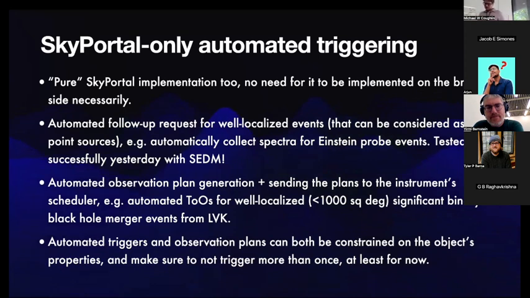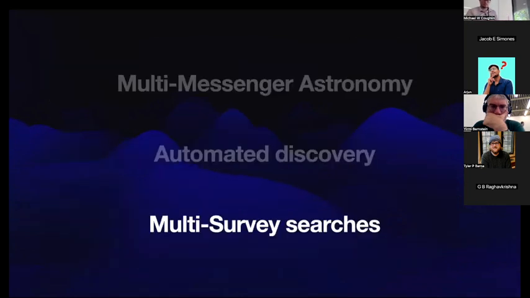Say some gravitational wave alert comes through, a plan gets made, automatically triggered. Einstein Probe these days functions pretty similarly for some of our follow-up instruments. And so this typically works pretty well for these multi-messenger type events to automate the triggering. Yeah, and so this is another capability in case it's interesting.